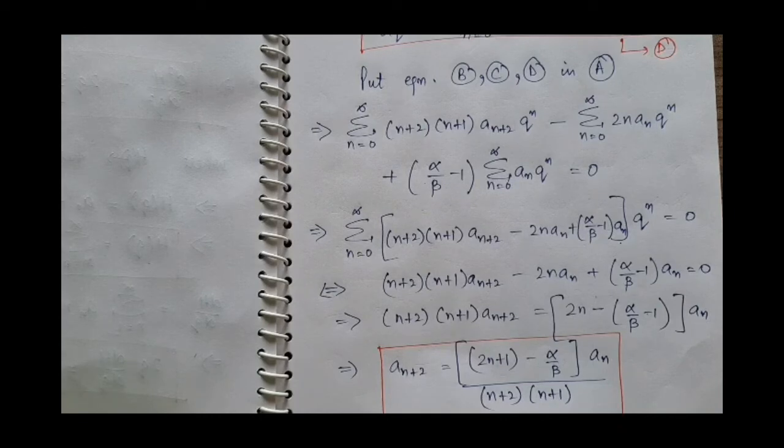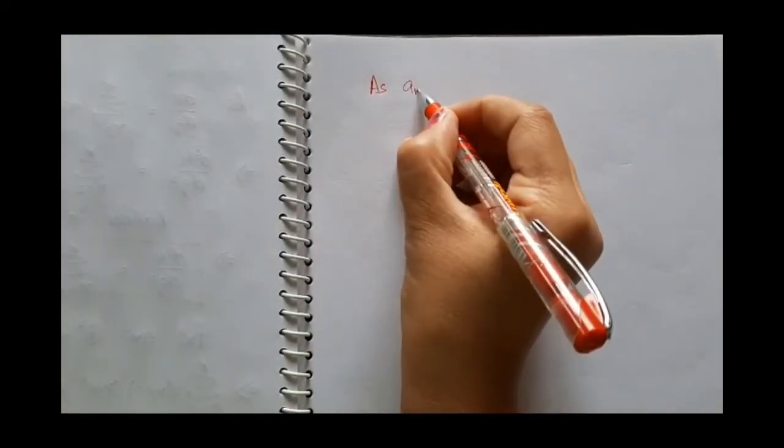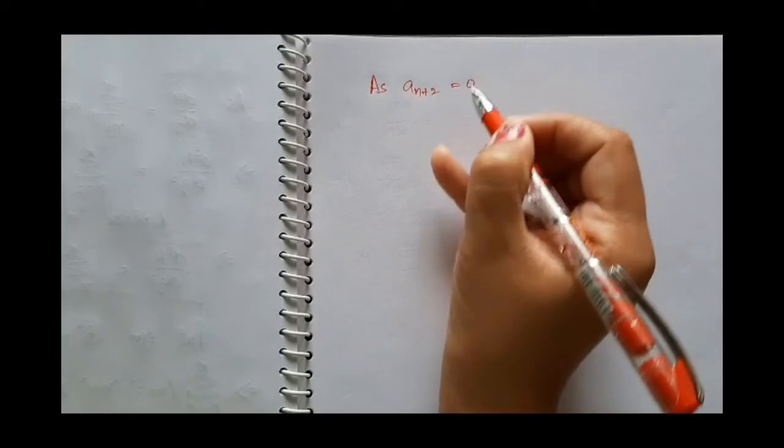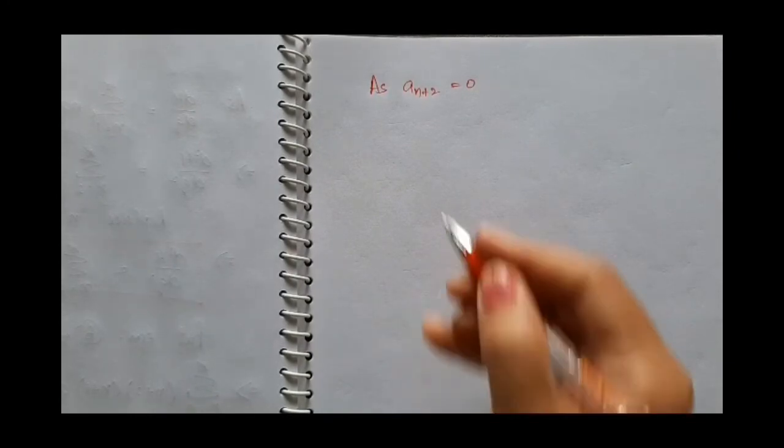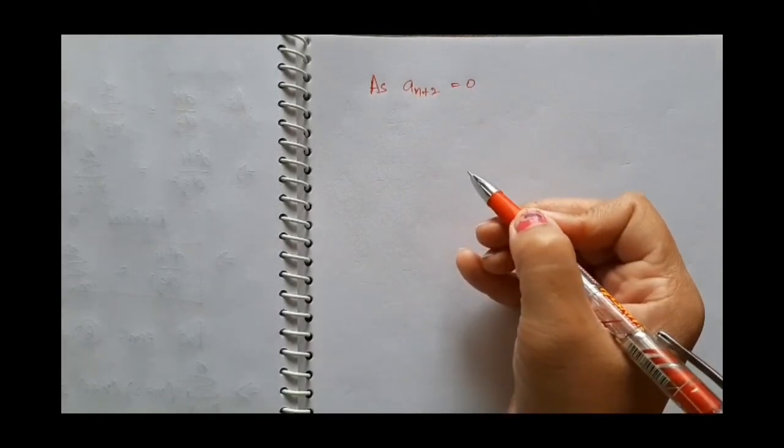So therefore a n plus 2 is equal to 0, because the polynomial H of q is of the order n.